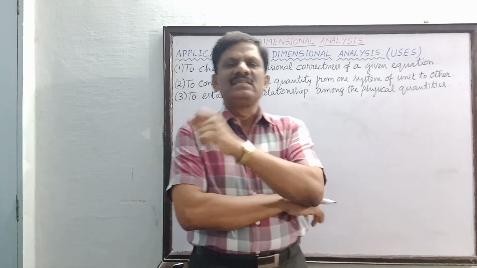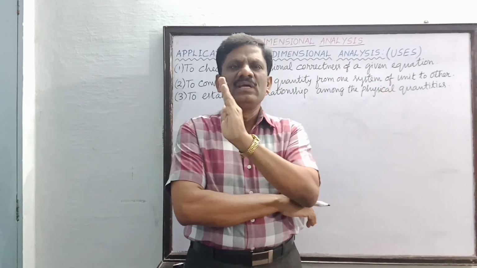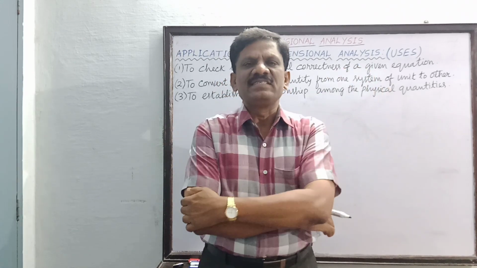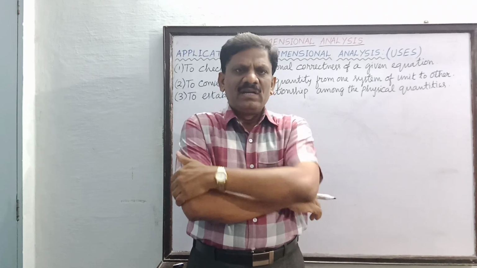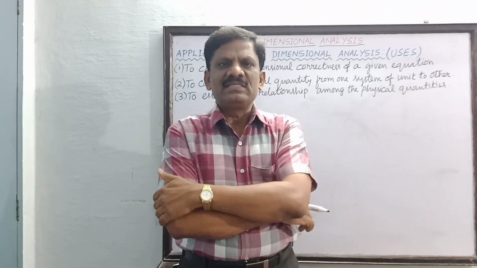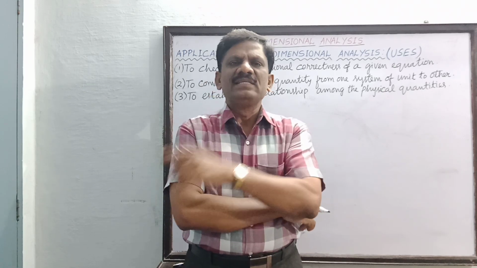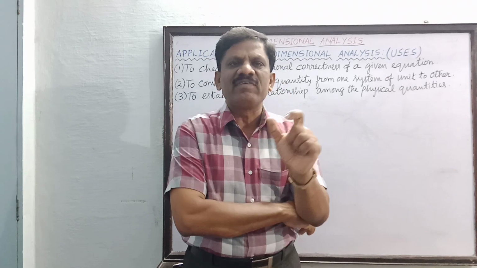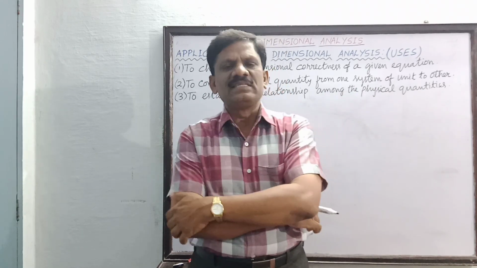This MKS system was rationalized and a new system called the SI system was formed. For example, 1 horsepower is equal to 746 watt. Horsepower is a unit derived from the FPS system, but watt is derived from the SI system.